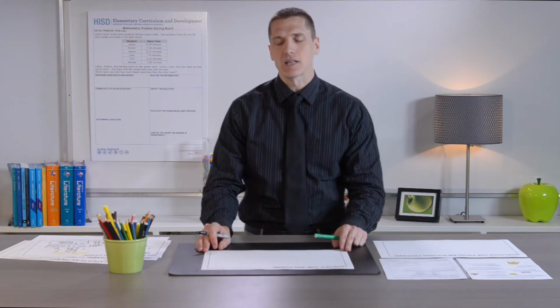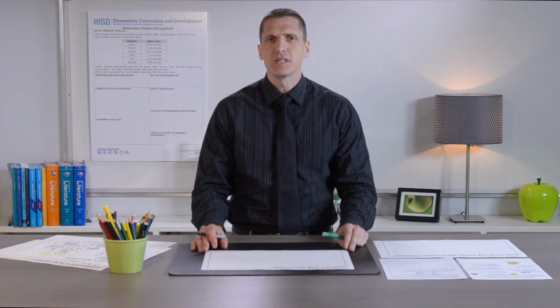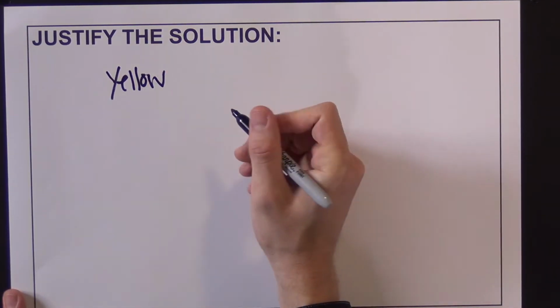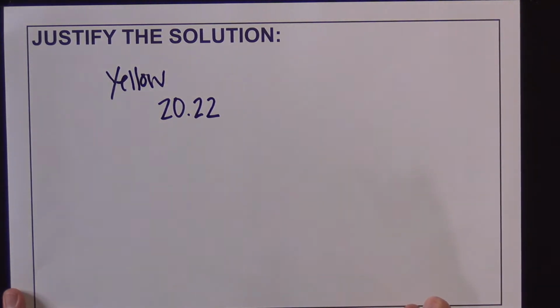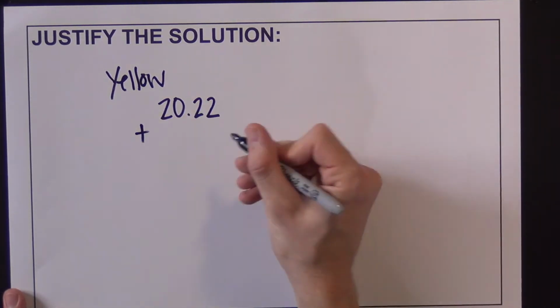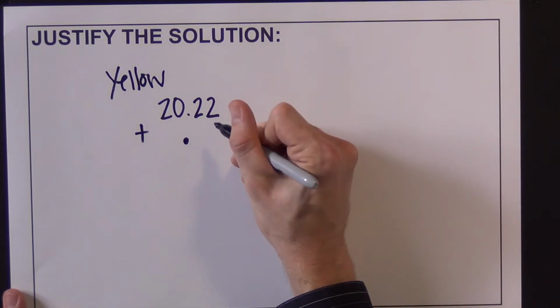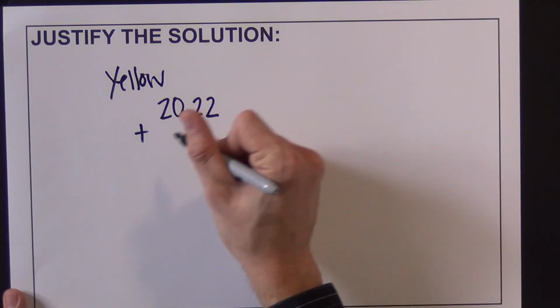Justify the solution. How can I prove that my answer is correct? Well, I can do a couple of things because we're dealing with addition and subtraction. One thing I can do is take the winning time, which was the yellow team. I know that they had 20 and 22 hundredths minutes, and I can add 3 tenths minutes to that.